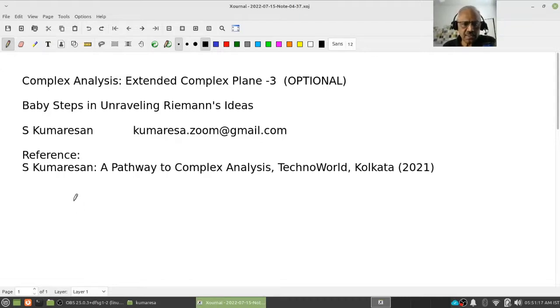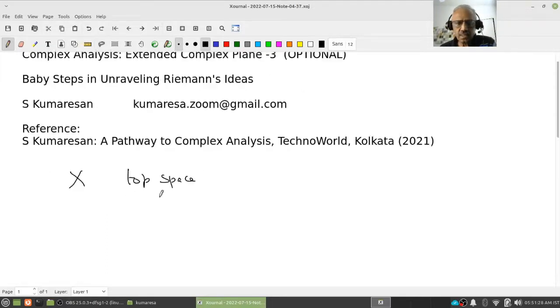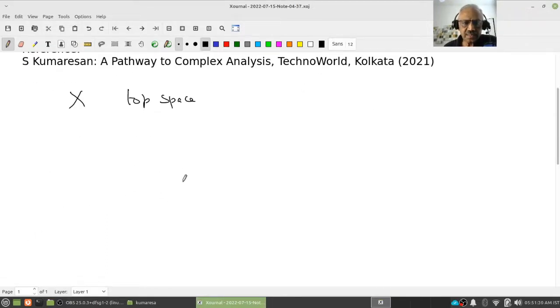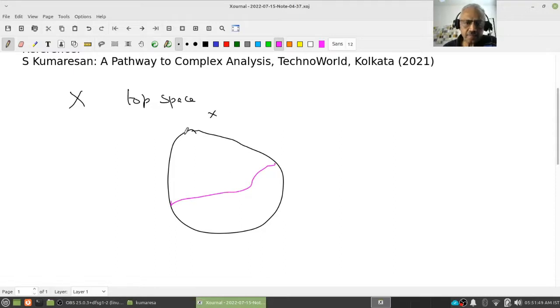Let's start with a topological space X. Let's assume that there exist two open sets, this is my X and this is an open set, and this is another open set.